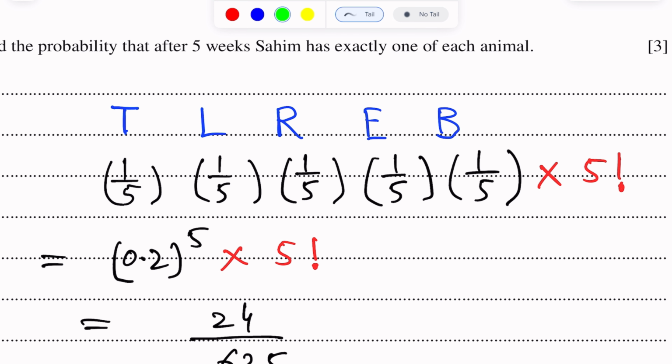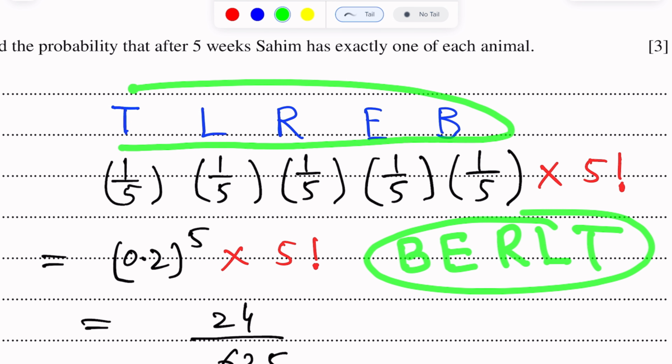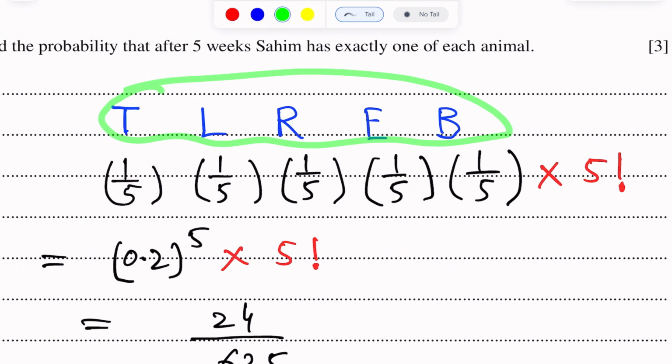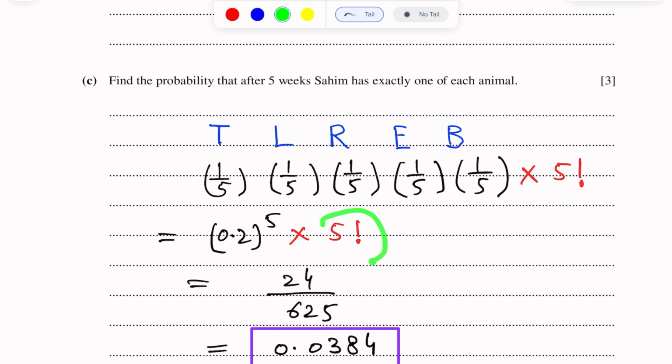It can be of this arrangement B, E, R, L, T. Because these are five different animals, we can arrange these five animals in five factorial ways. So we have multiplied by 5 factorial ways. The probability of each animal is 1 over 5. So this is the final answer. This comes to an end.